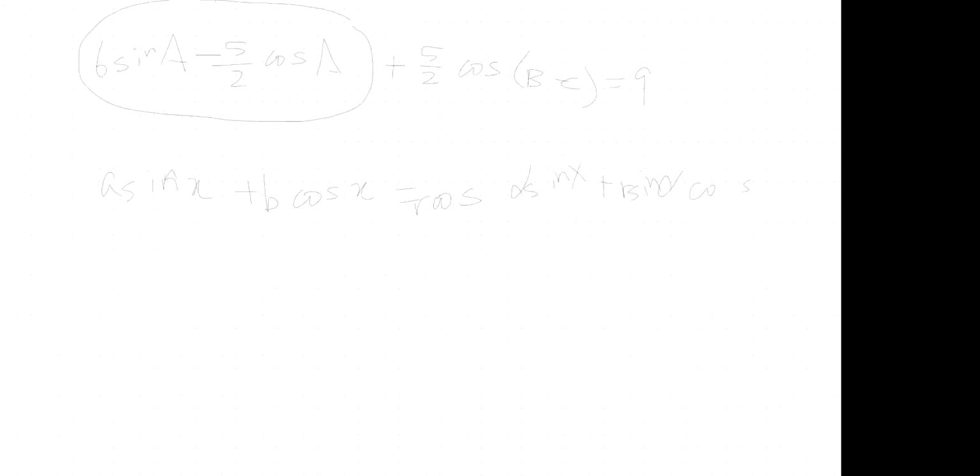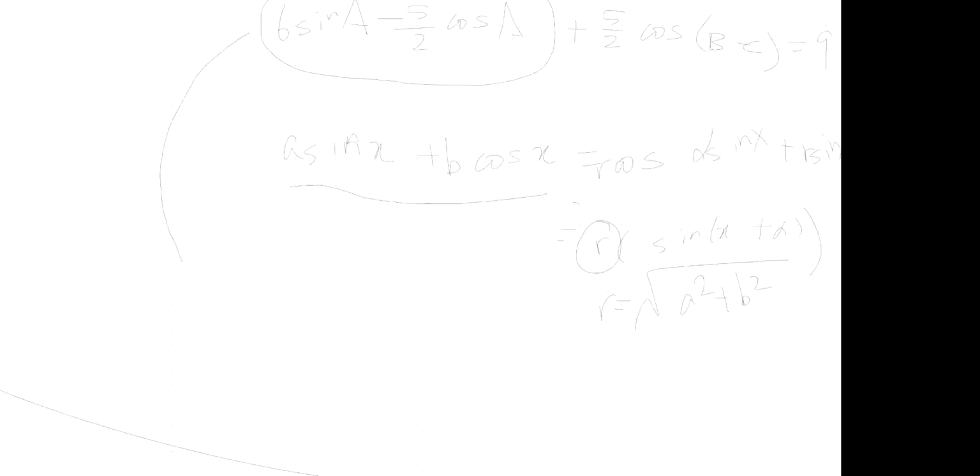And then we can write this as r times sine of (x plus alpha) from the sum of angle formulas. And here r is equal to root of a squared plus b squared. So the maximum value that a sine x plus b cosine x can have is just r, because the max of sine is 1.